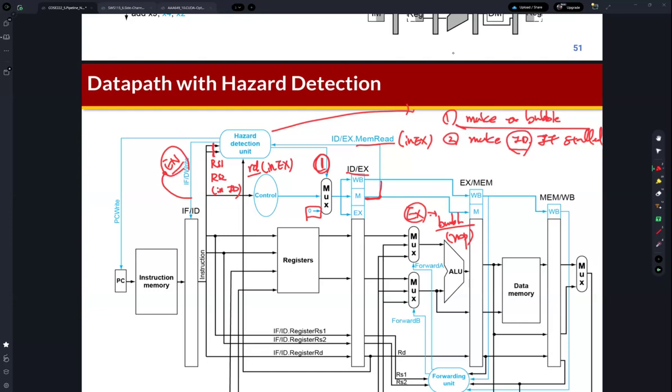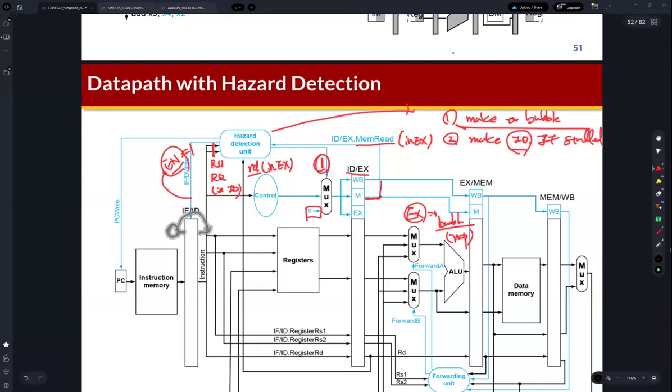This is the operation of the D flip-flop. So if we make the enable 1, then the data at the input port is propagated to the output of this pipeline register.